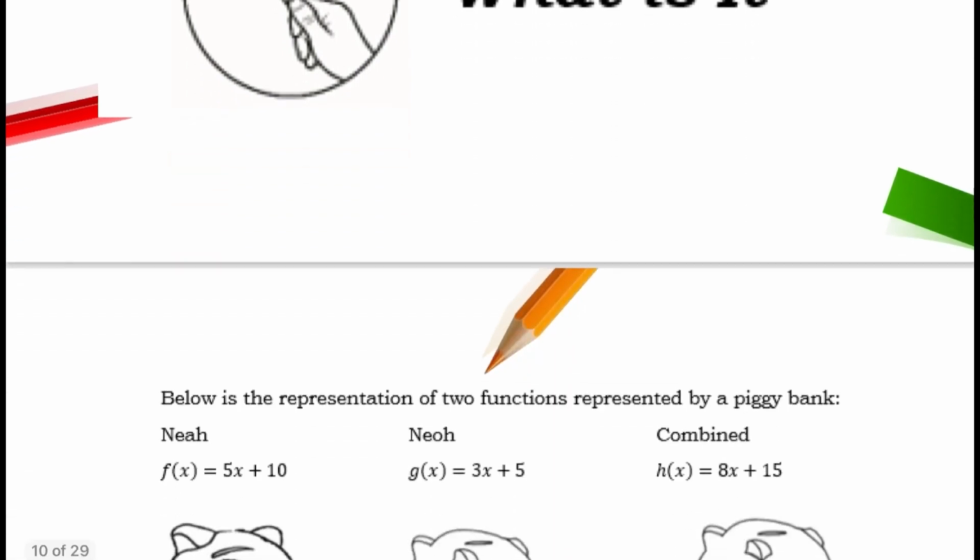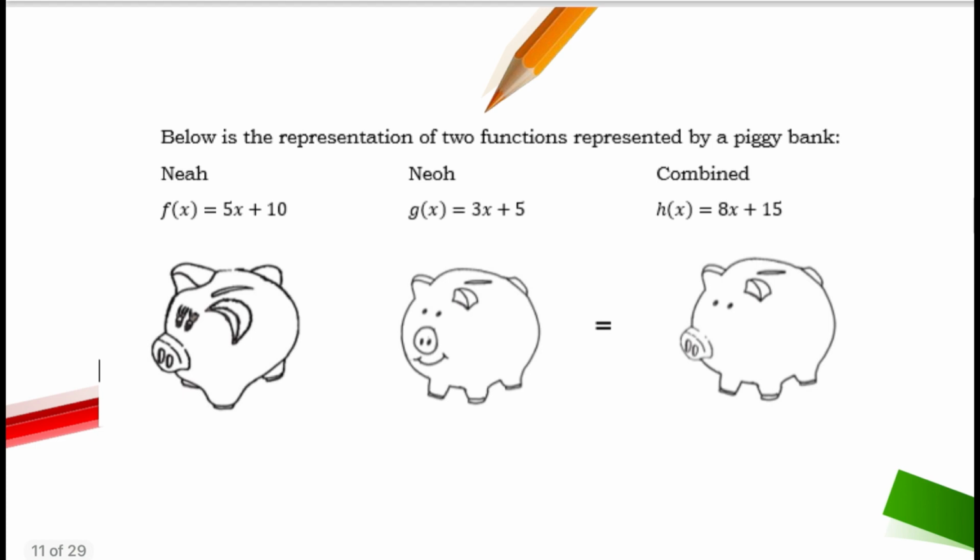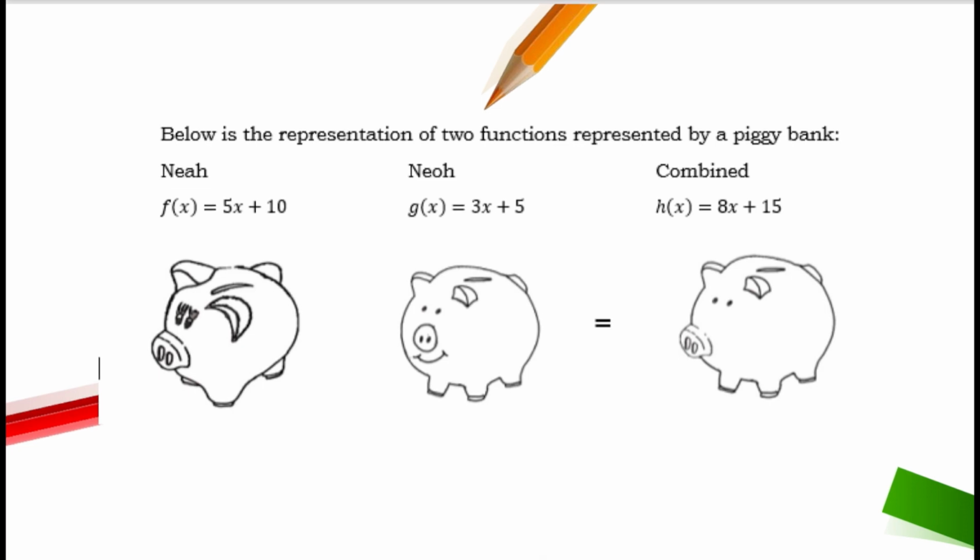In the previous lessons, you learned to represent real-life situations to functions and evaluate a function at a certain value. The scenario presented above is an example of real-world problems involving functions. This is the representation of two functions represented by a piggy bank.